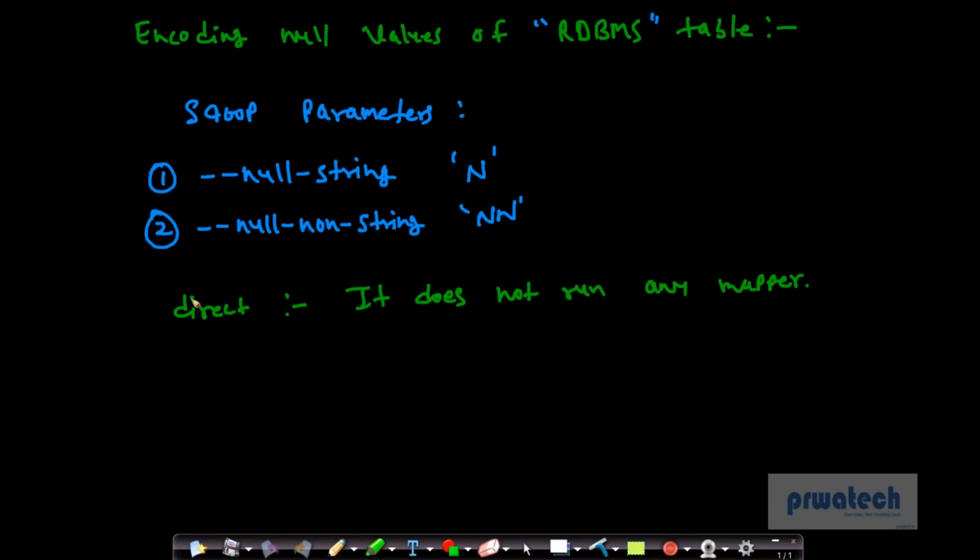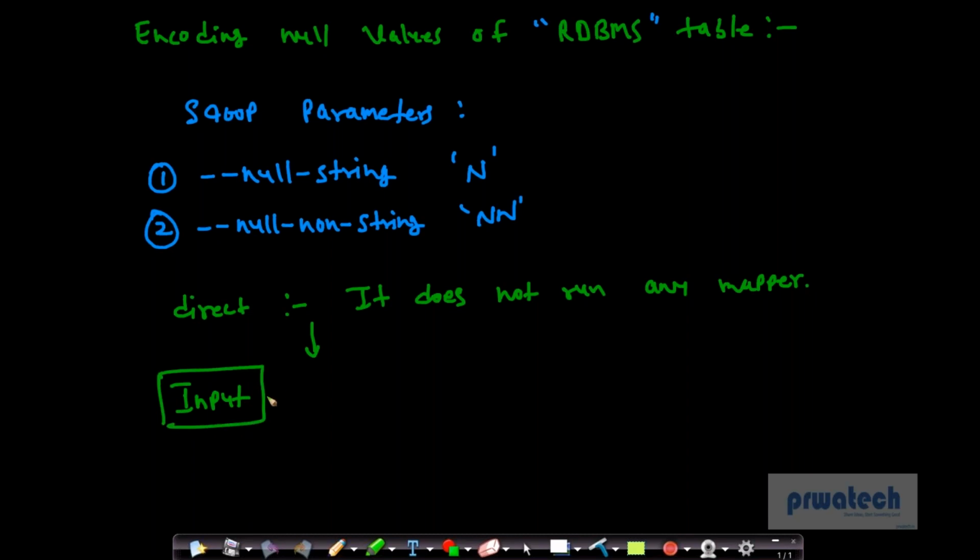But internally, how does this operation work? How does your MapReduce operation work? Whenever you submit any query in Sqoop, what happens? It takes the data from the RDBMS, which is your input.